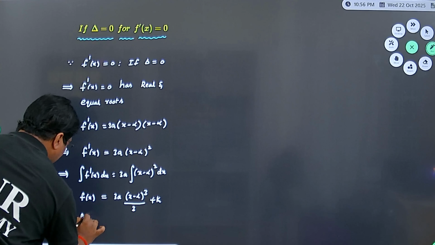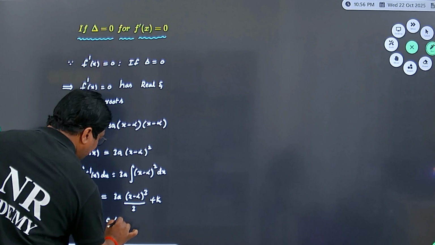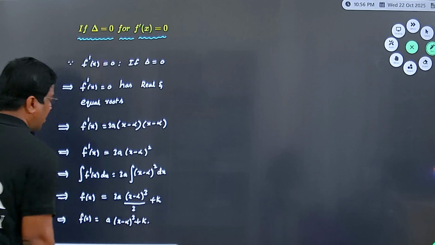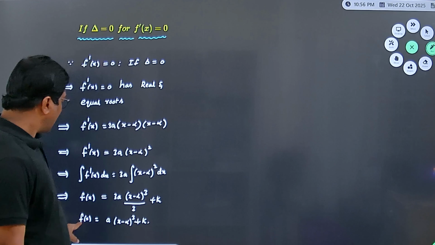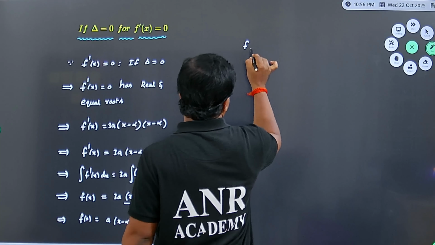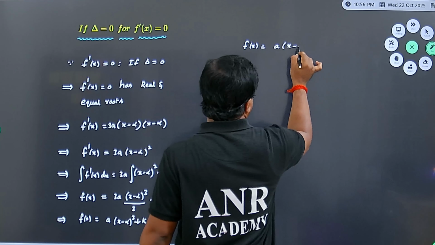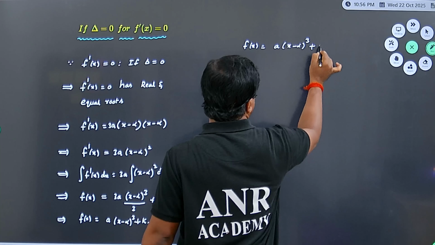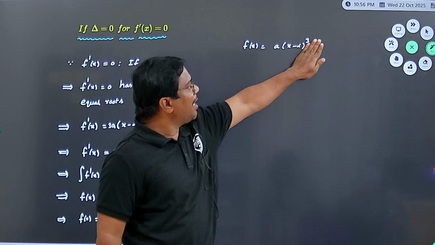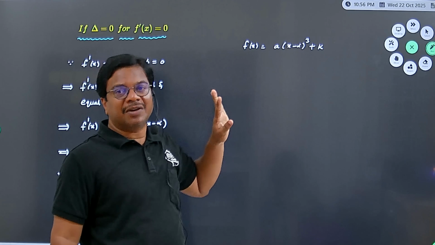The 3 gets cancelled, so you can write f of x equal to a of x minus alpha whole cube plus some integral constant. So you got the function f of x, a of x minus alpha whole cube plus some constant k.